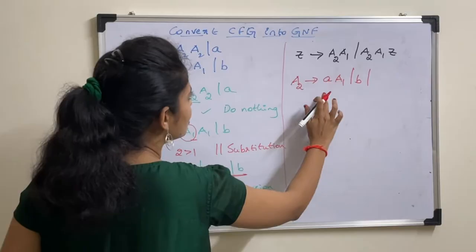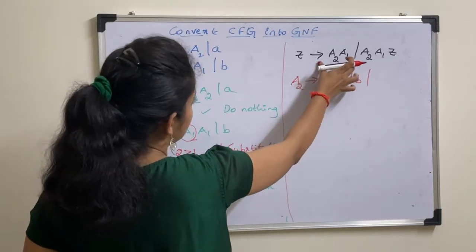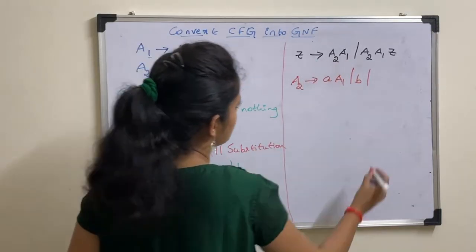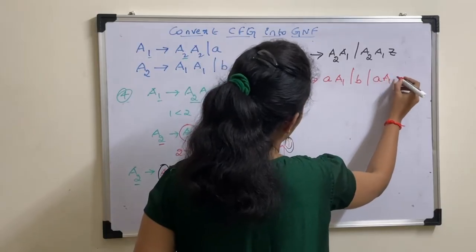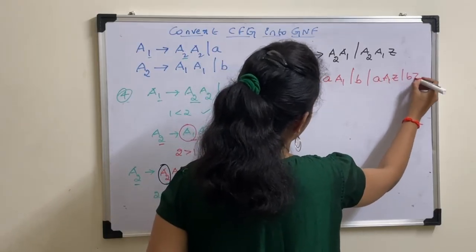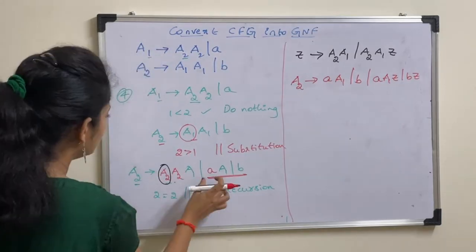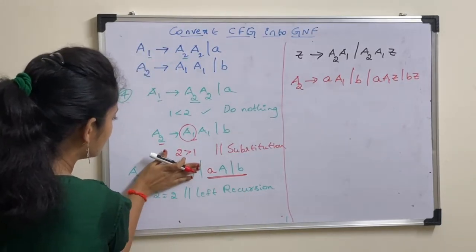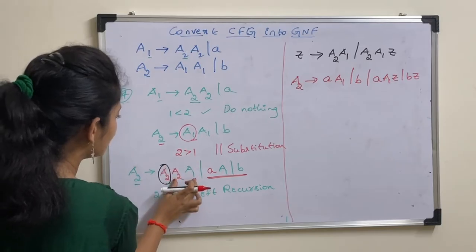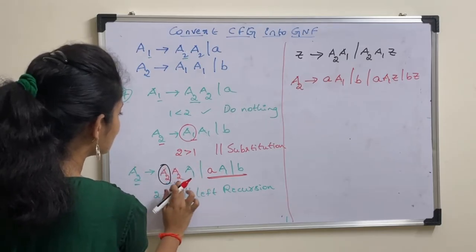This should be written in terms of Z and without Z, just like how we did in our previous case: A1 Z, B Z. So for A2, we already wrote the production in terms of Z and without Z for these leftover symbols.